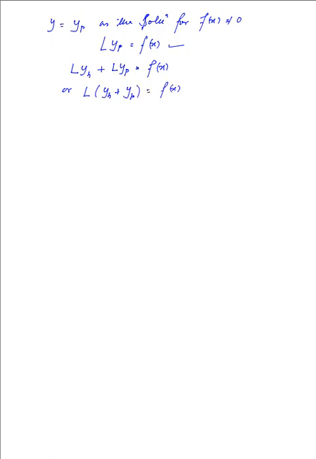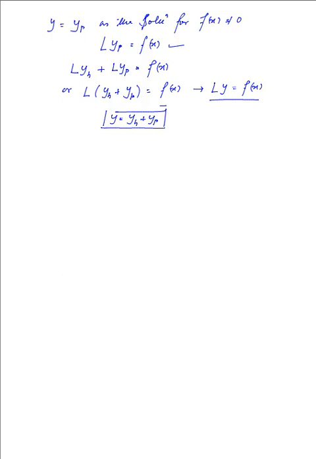Now remember that we had the initial equation as L y equal to f of x. So if we compare these two equations, we get y equal to yh plus yp, where yh and yp are the solutions to the required differential equation, which also means that the solution of the inhomogeneous linear differential equation consists of two parts.